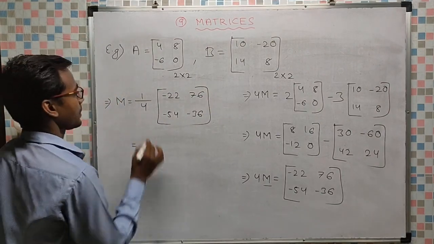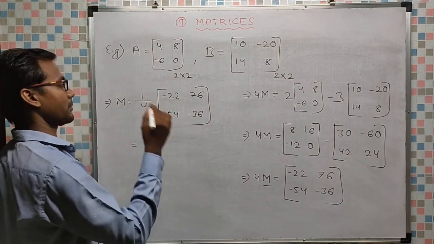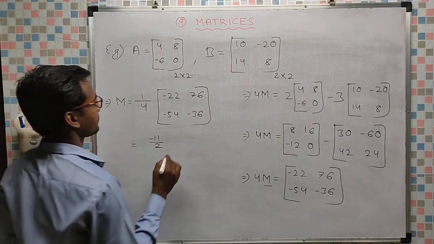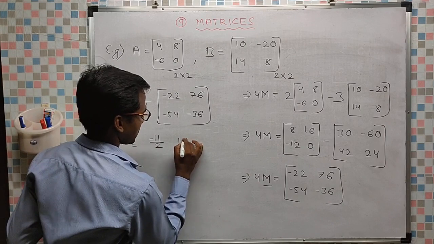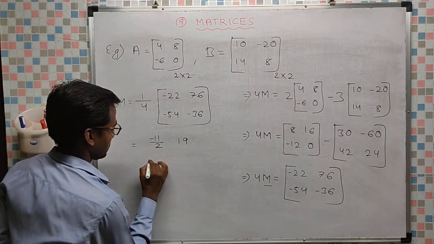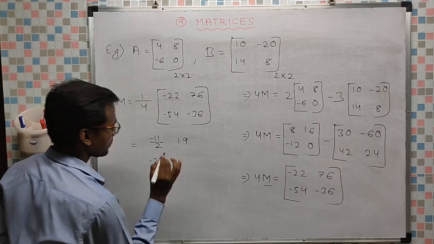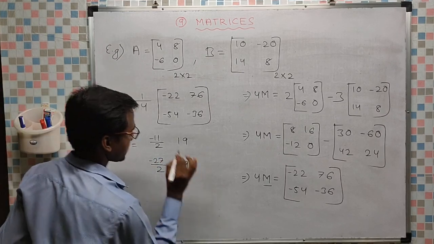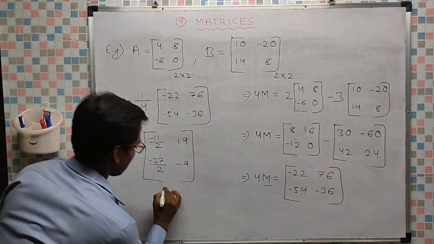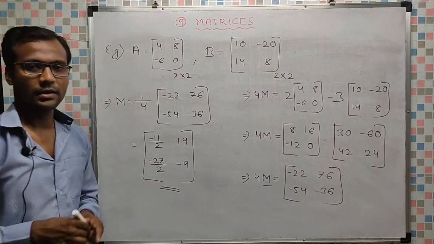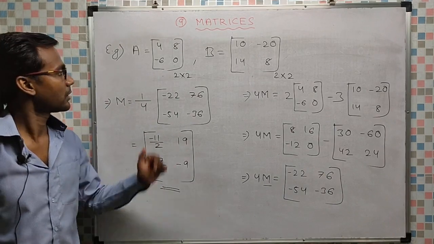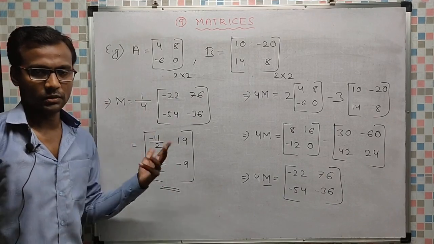So we do scalar multiplication again, and we will get minus 11 by 2, 19, minus 27 by 2, and minus 9. This is the matrix M. I hope you have understood this solution of this matrix.